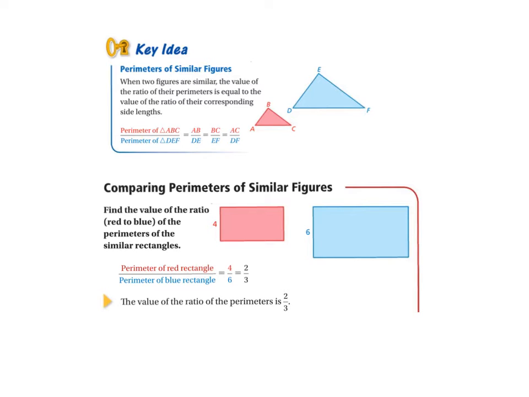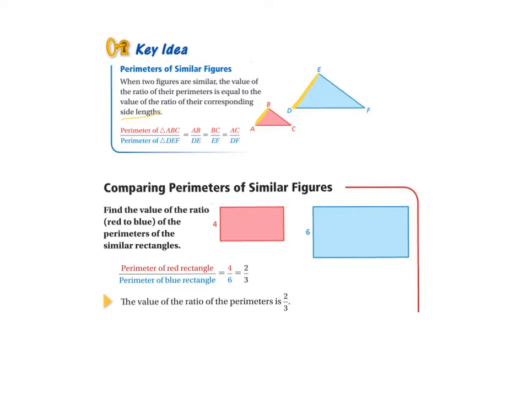When two figures are similar, the value of the ratio of their perimeters is equal to the value of the ratio of just one side, the corresponding side lengths. So all that's saying is if we know the ratio of this to this, which would be corresponding sides, then we know the ratio of their overall perimeter.